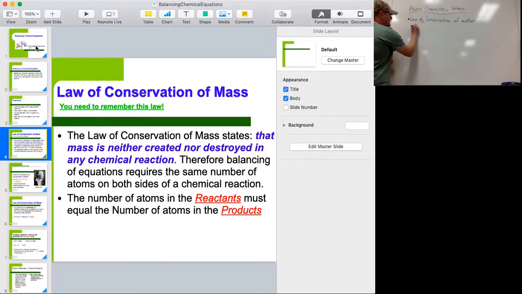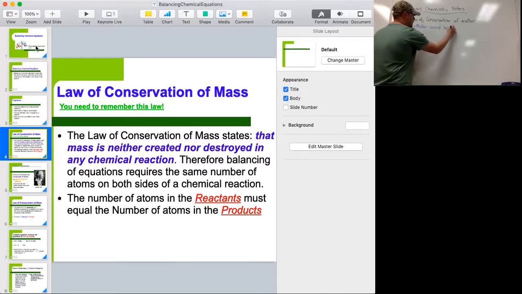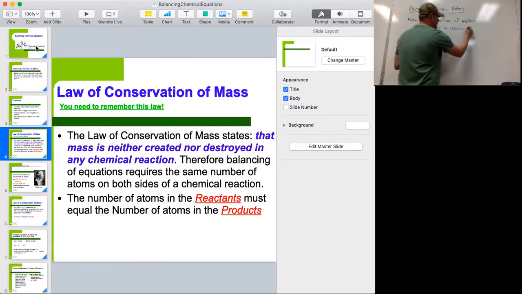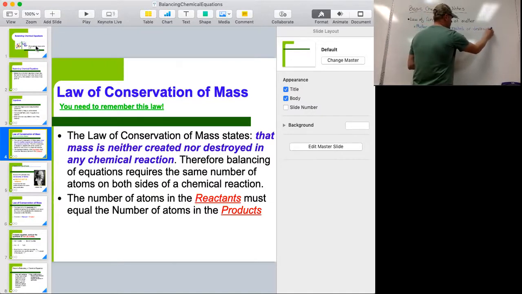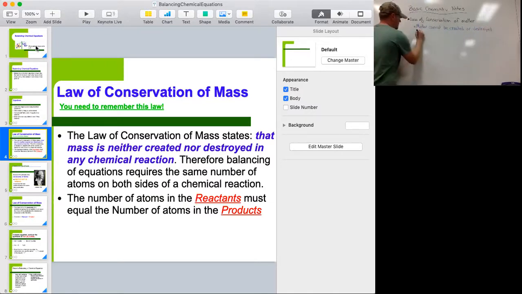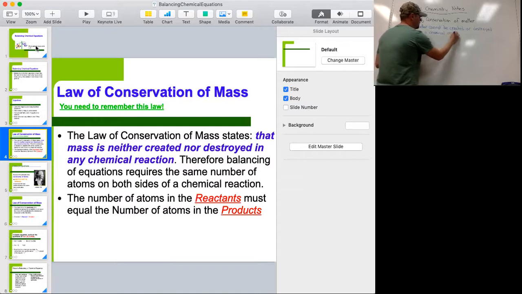So what this basically says is that matter cannot be created or destroyed in a chemical reaction.